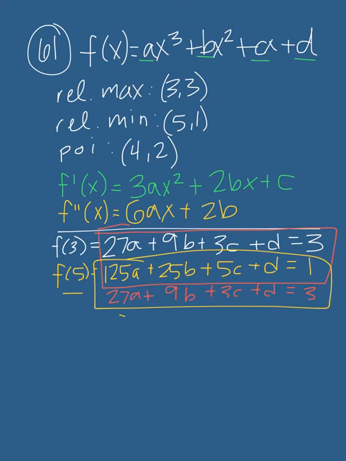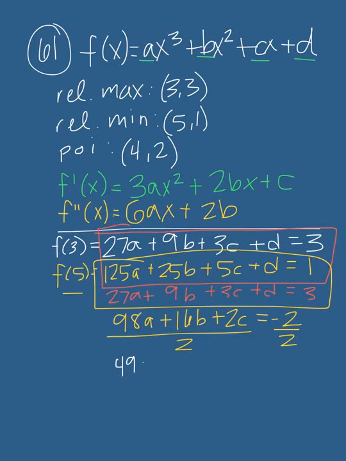So this is going to end up giving me 98a plus 16b plus 2c equals -2. And I notice that all of those can be divided by 2. As long as I do it to both sides, that is good. So I'm going to have an equation which is 49a plus 8b plus c equals -1. Okay, so we're going to hold on to that.